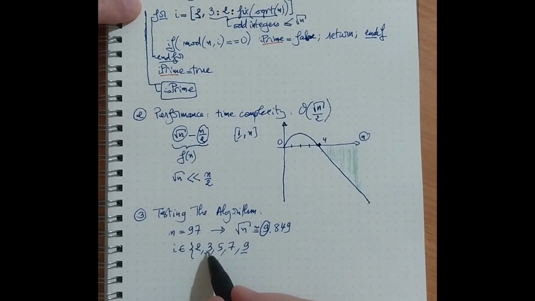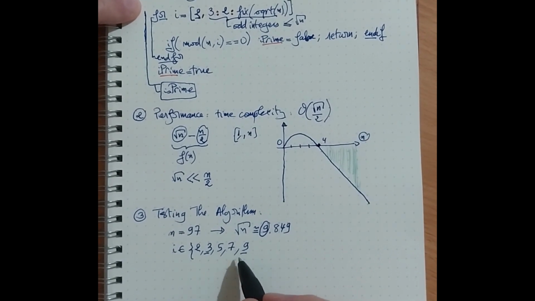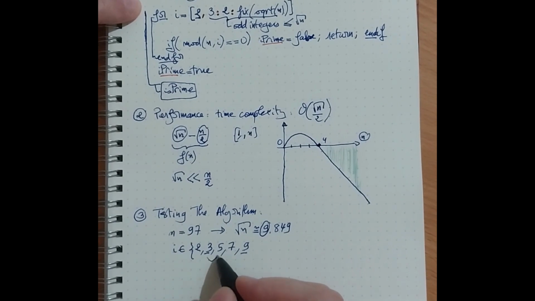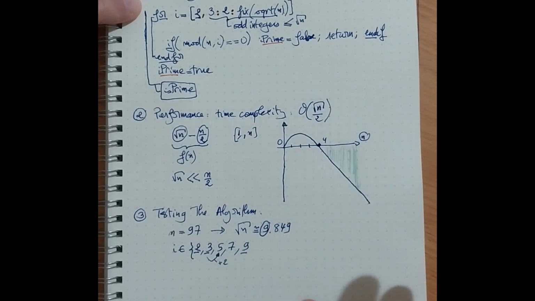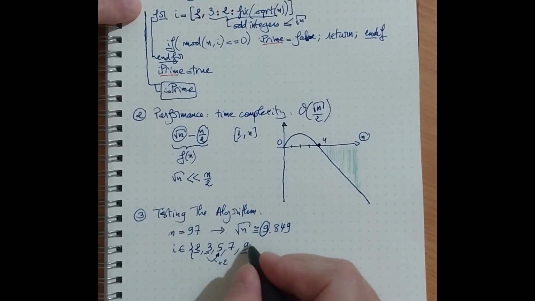So we add 2: 3 plus 2 is 5, 5 plus 2 is 7, 7 plus 2 is 9. And always we check first of all if a divisor is an even number.